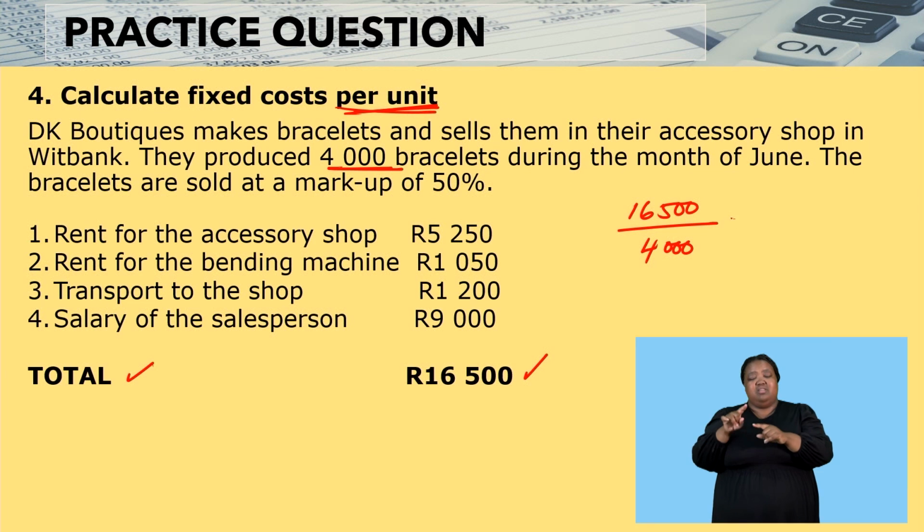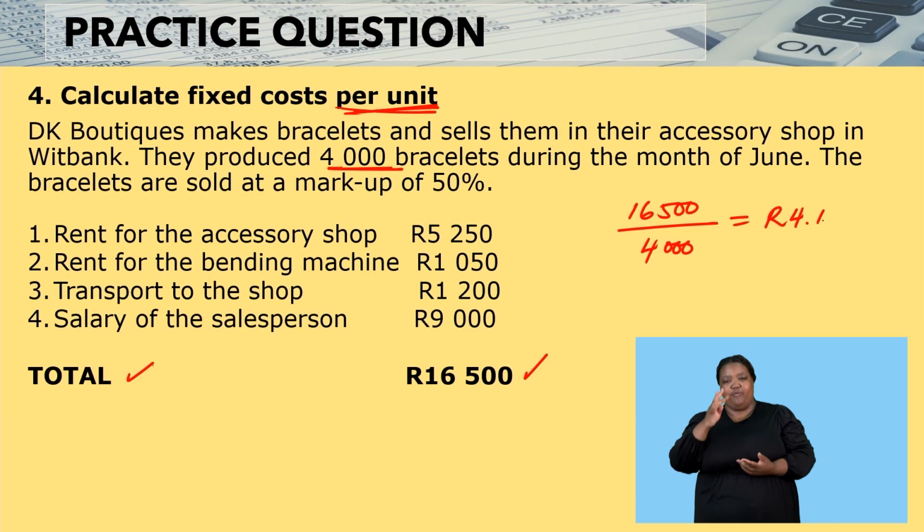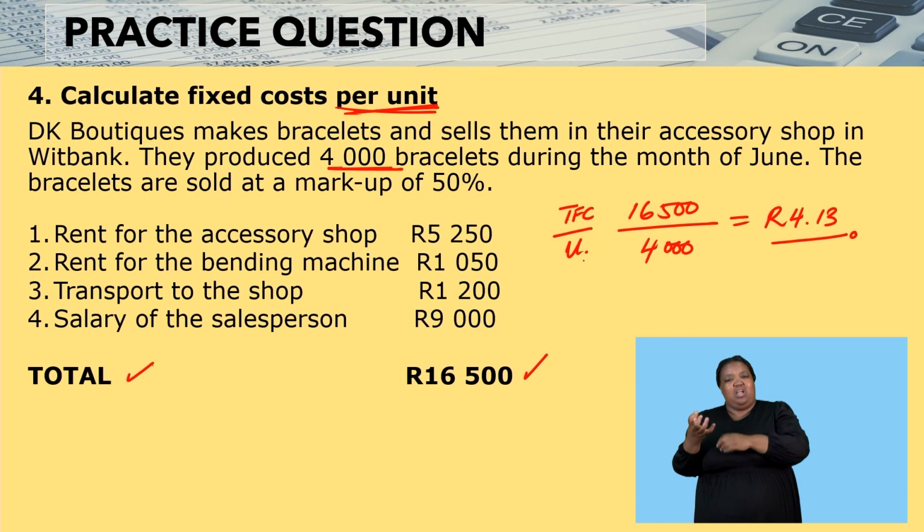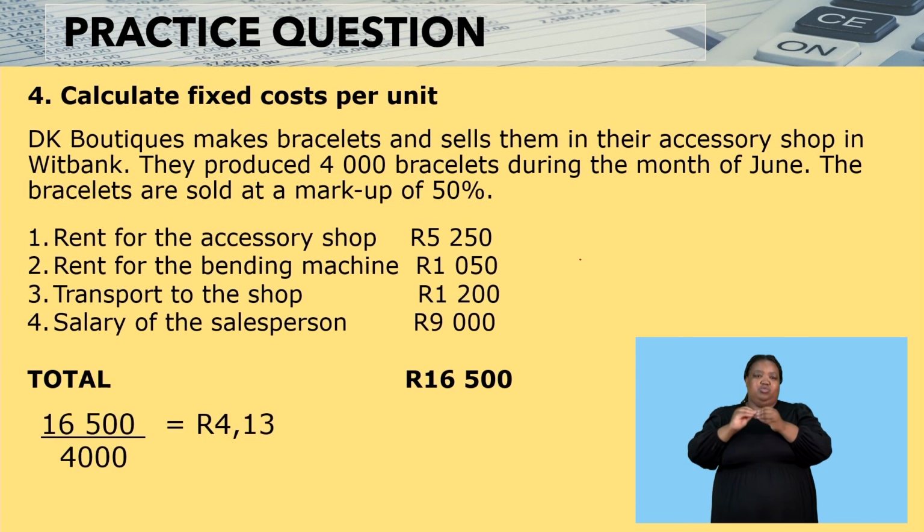That gives us 4 Rand 13, the fixed cost per unit. So we took the total fixed cost and divided it by the number of units produced, and we end up with 4 Rand 13.